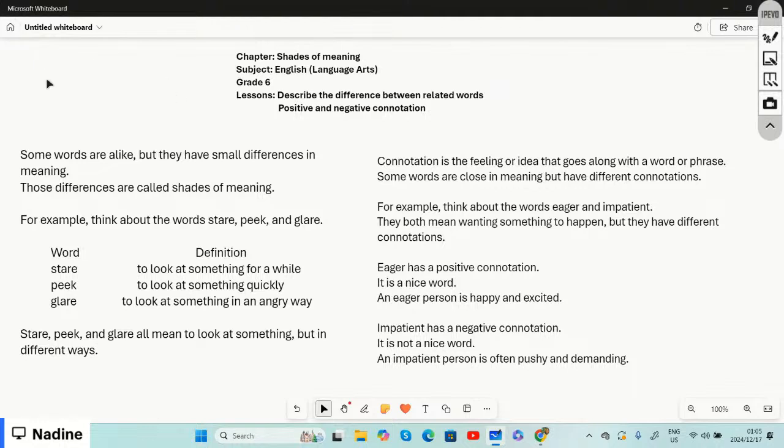All right. So when it comes to shades of meaning, we have certain words that we can say are alike, but they have small differences in meaning.